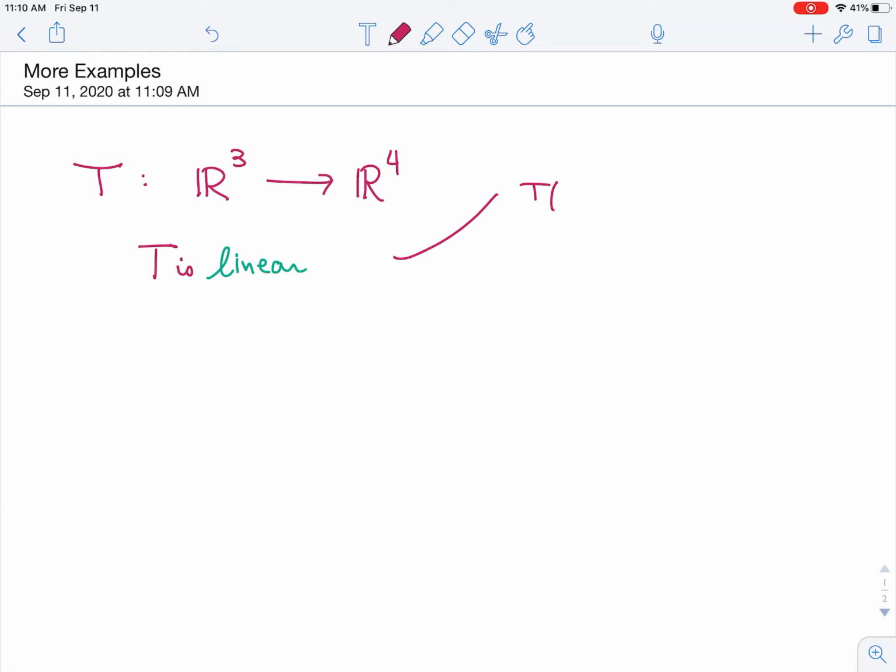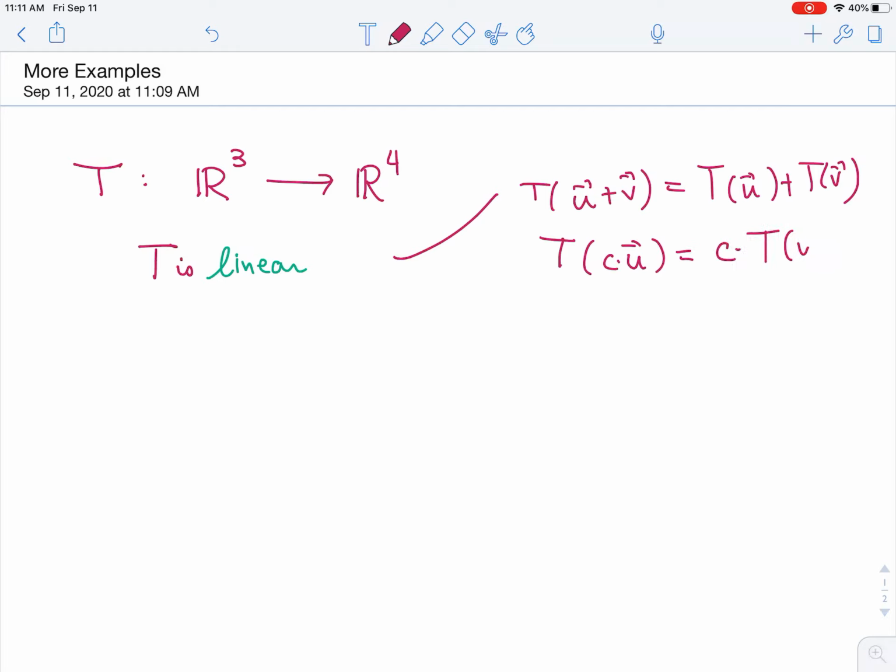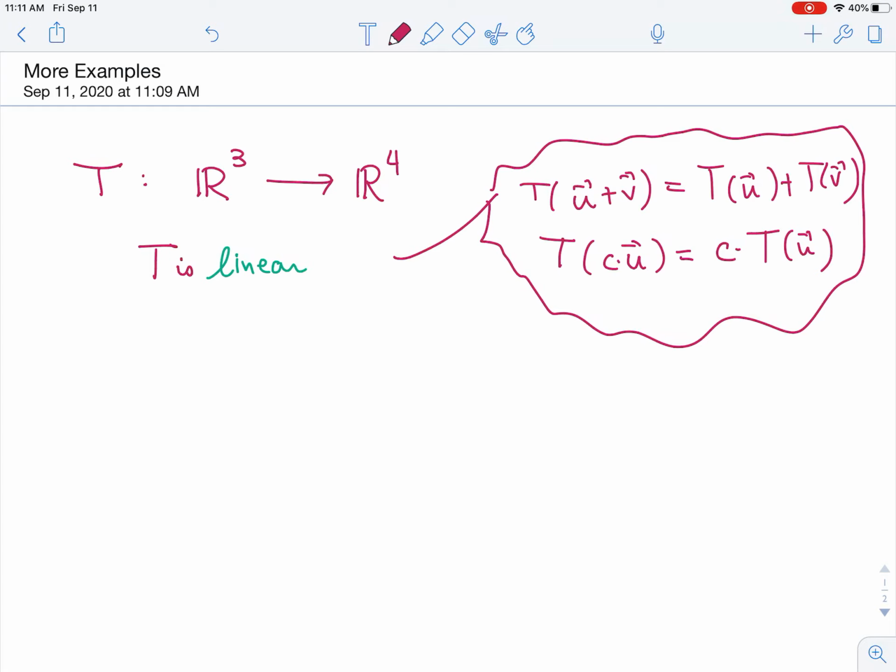Again, there was that definition that said that if we added two inputs, that was going to be the same as adding the outputs. And if we multiplied any input by any scalar, like 7 or 8 or 9 or c, that was going to be the same as this. So that was our definition of what a linear function was.